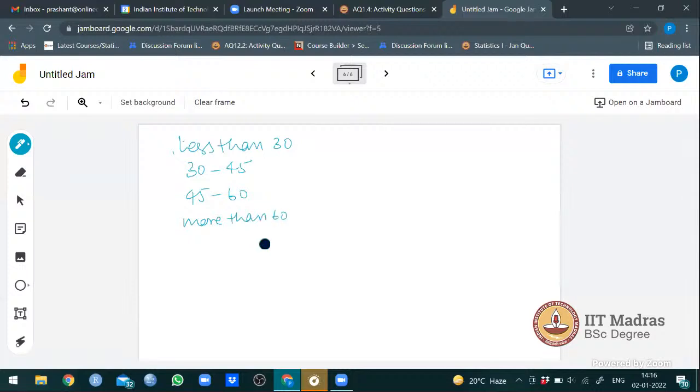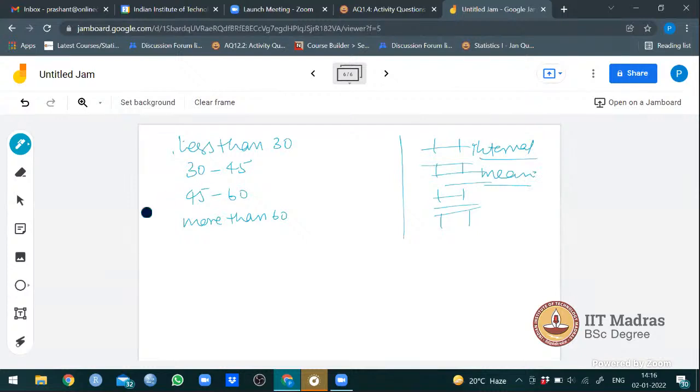In interval, you know the difference between the intervals should be the same. In interval data, you can perform meaningful mathematical operations like addition and subtraction.